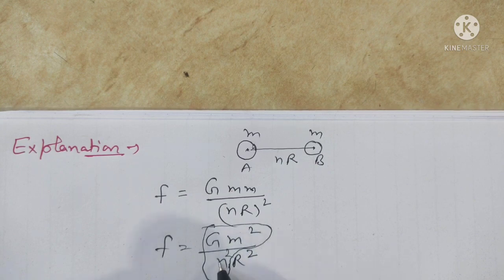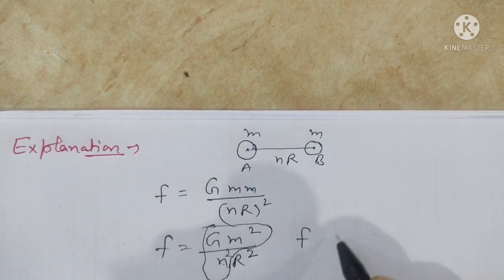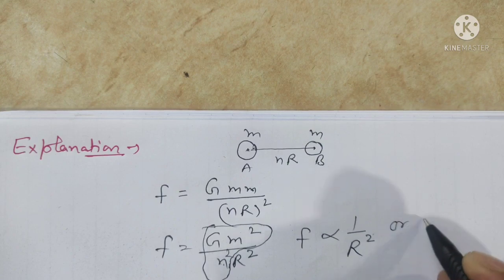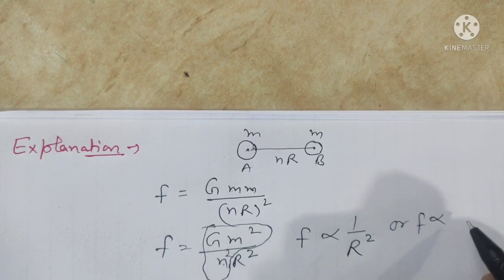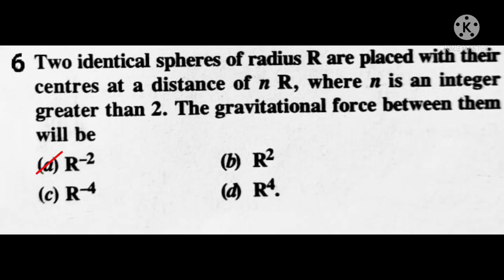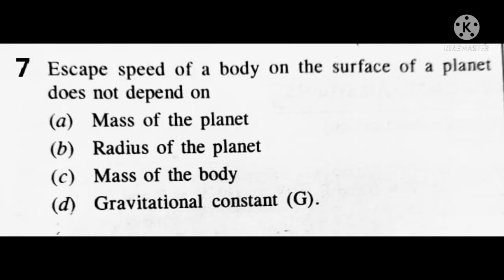If G m square over n square is constant, then gravitational force is inversely proportional to r square, or F is proportional to r square inverse. So in this question, A is the correct option, r square inverse. The gravitational force between them is r square inverse.